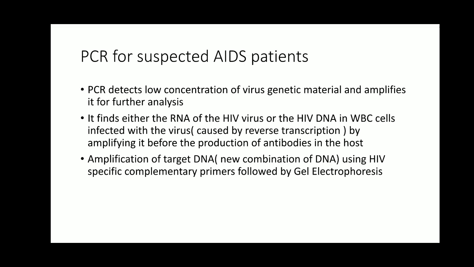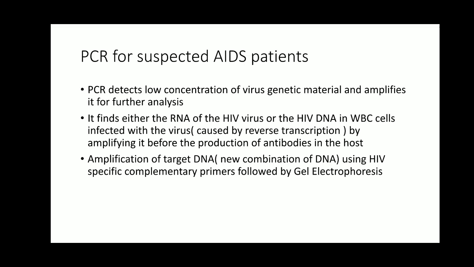Now we can use the PCR reaction because there is a new combination. The pathogen has entered, so we use PCR to detect the nucleic acid of the host cell. The PCR reaction will amplify the nucleic acid of the host cell, so whatever new combination of DNA is formed in the human cells can be detected.